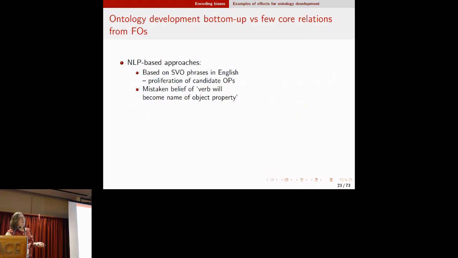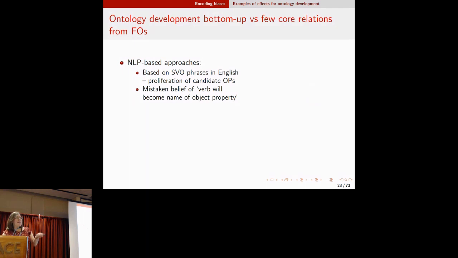So to give you an example where certain aspects of ontology development will affect which pattern you may end up with: there are NLP-based approaches to do term harvesting. What kind of terms are you going to need in your ontology? You take a corpus of scientific literature, you see which terms and which verbs appear, and then you're going to want to put that in your ontology. The thing there is, with a typical approach, you get a proliferation of candidate object properties.